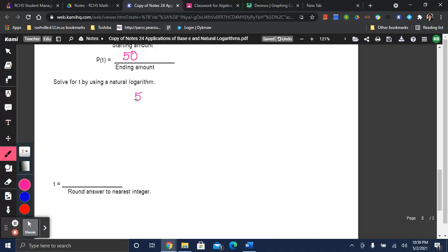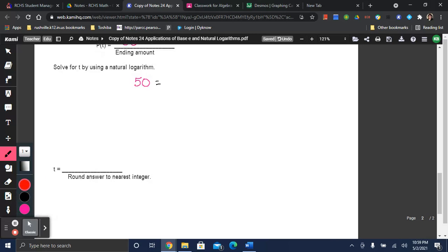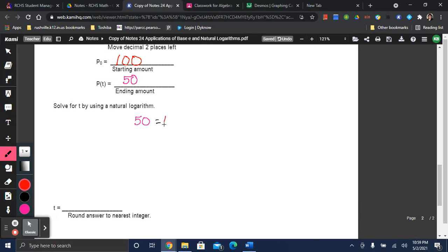So P of t was 50, and that equals P, which was 100. Remember, e is to the decimal 0.035, and then t being your variable. All right, so we will divide on both sides by the 100 to get the e by itself.